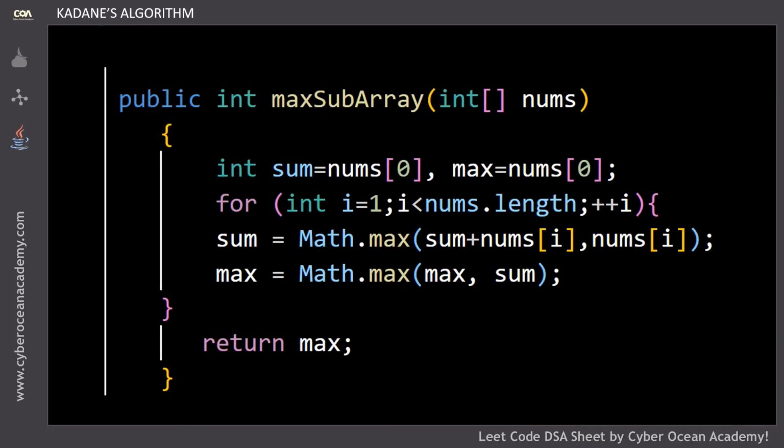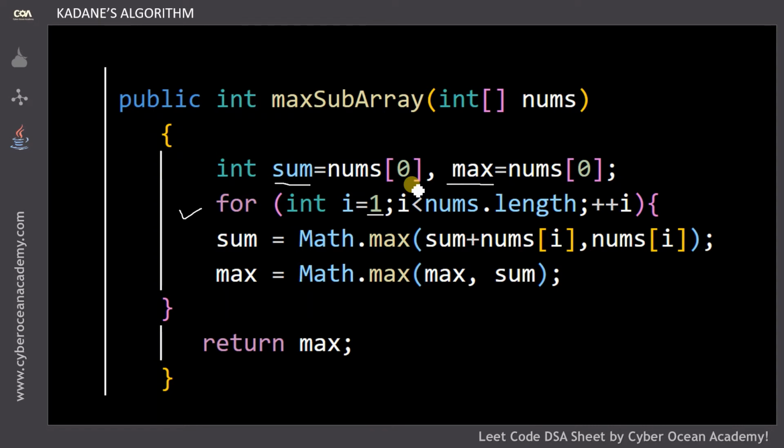Same things. Here this sum variable is simply our local maximum variable, you can just write local maximum, and this max value is basically the global maximum value. Now what we actually do here is iterate a for loop from index 1, because if the array has only one element, that element itself is the maximum subarray.